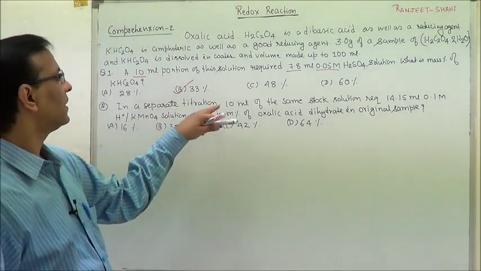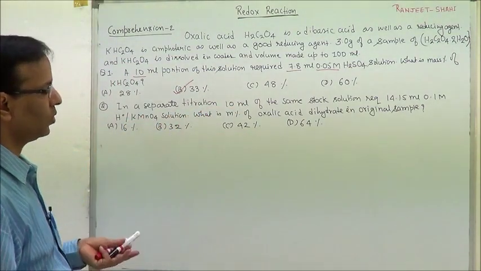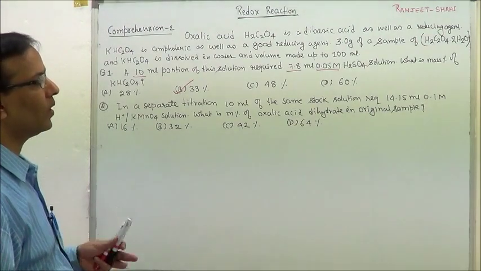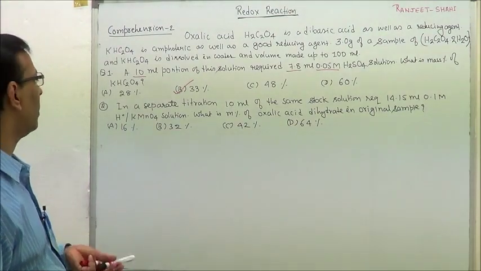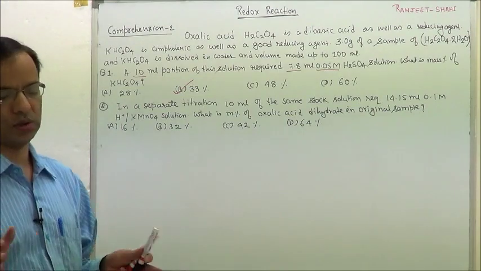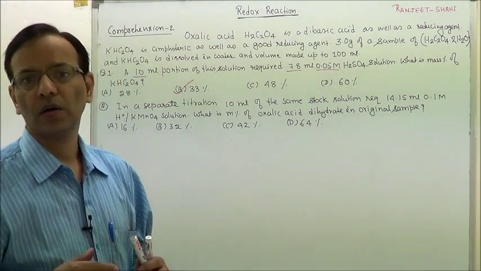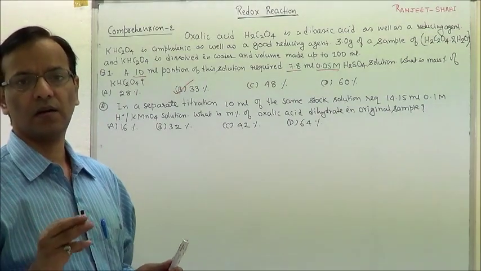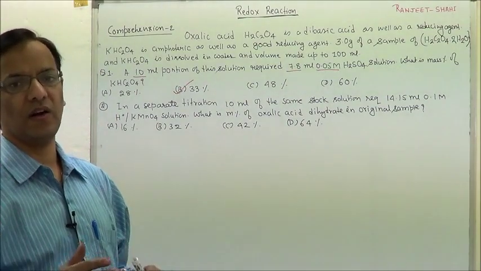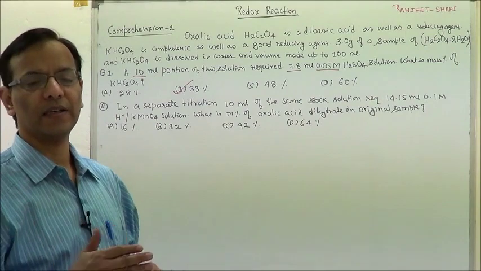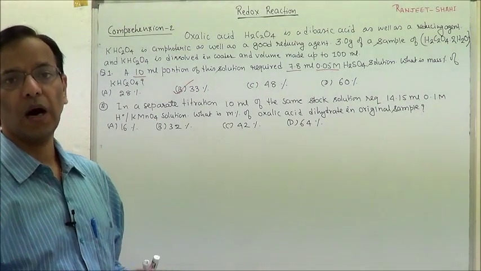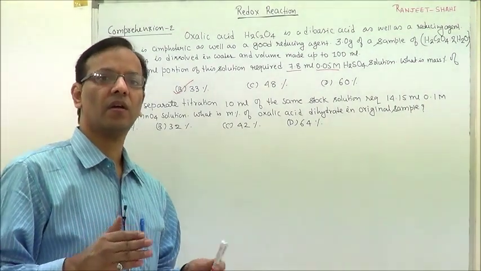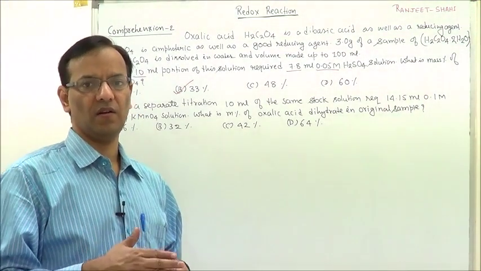In a separate titration, 10 ml of the same stock solution required 14.15 milliliter 0.1 molar acidic permanganate solution. Now both oxalic acid and potassium hydrogen oxalate will react with potassium permanganate, since both of them are reducing agents and potassium permanganate is an oxidizing agent.